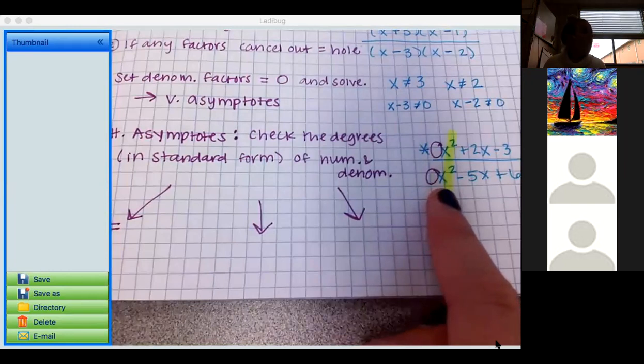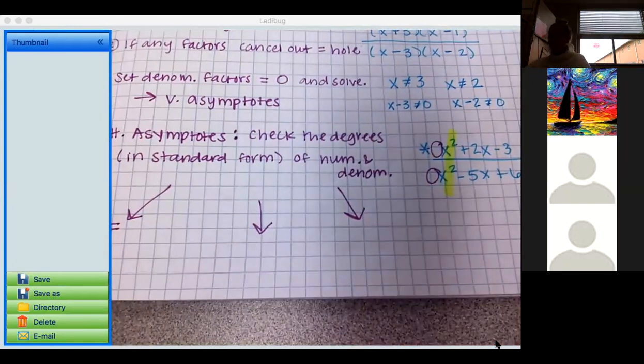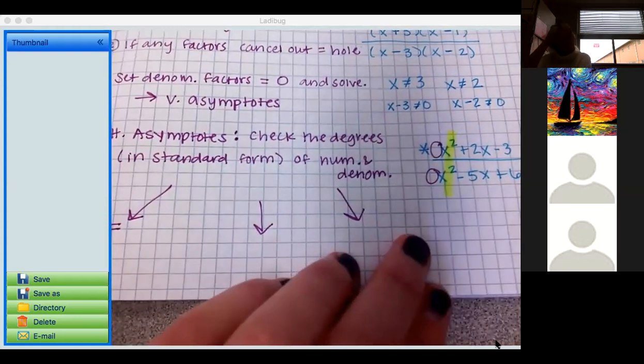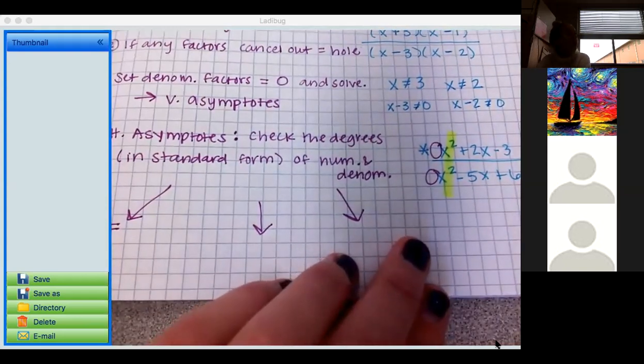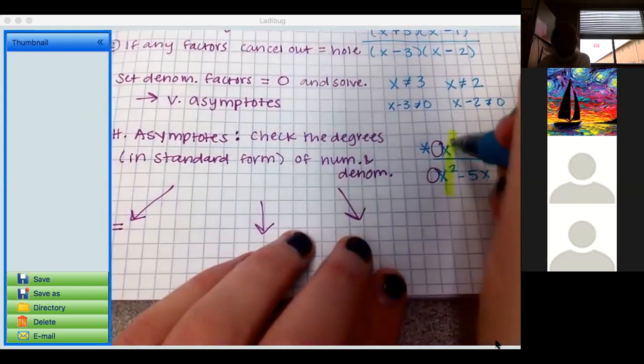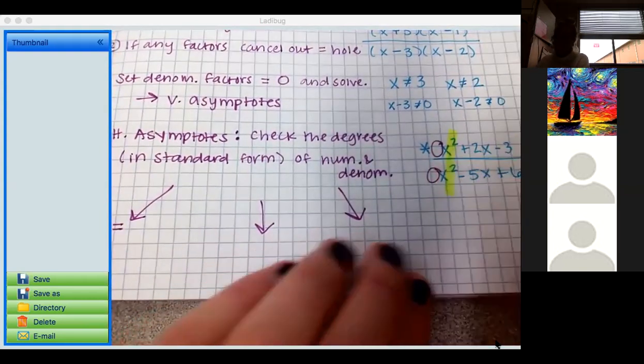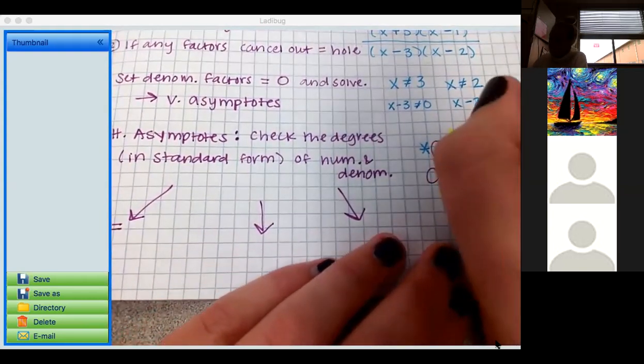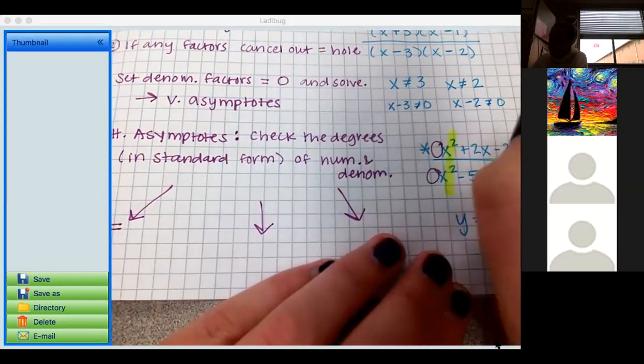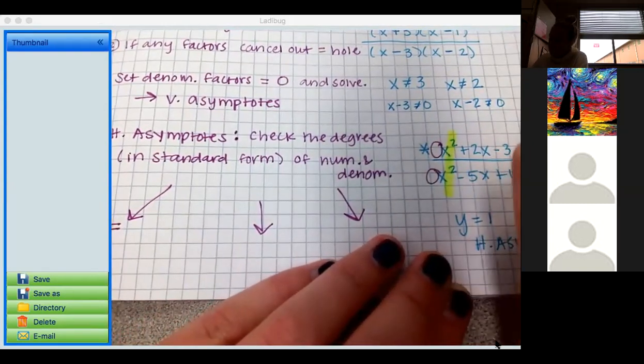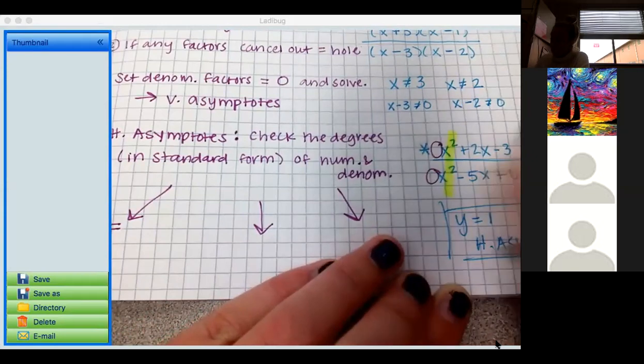What is 1 divided by 1? So for this one, the horizontal asymptote is 1, but it's because we look at the coefficients if the degrees are the same. Because like Kendall said, these would cancel out. So our horizontal asymptote is going to be y equals 1.